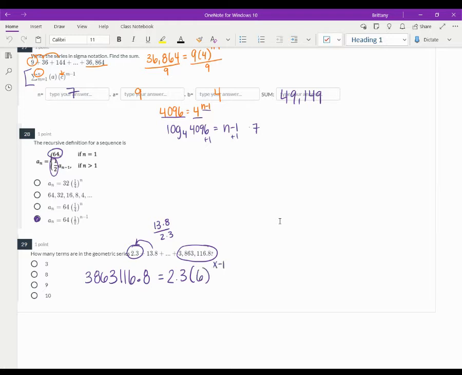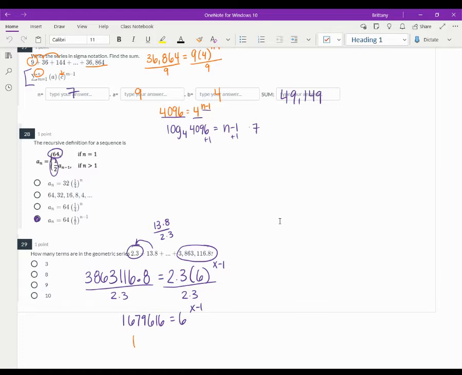To the x minus 1 or the n minus 1, whatever you prefer. And then we're going to do it just like we did in the last example. Divide by 2.3. And you get 1,679,616 equals 6 to the x minus 1.